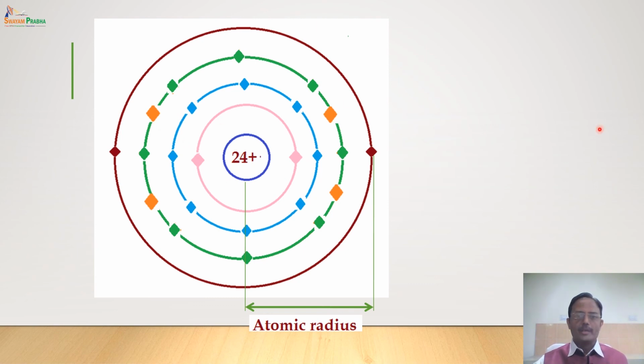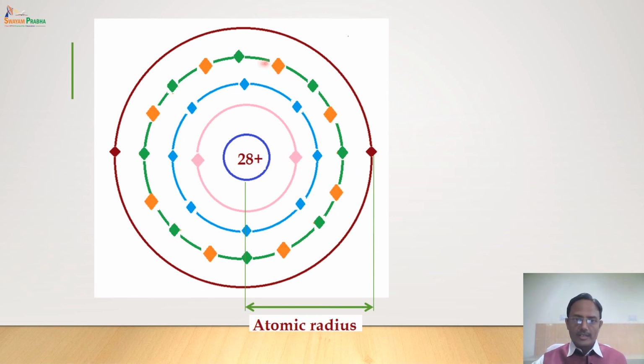Now from here, the electrons are continuously added to the third shell. The nuclear charge is increasing, but electrons are added to the third shell, which is the penultimate or second last shell, whereas atomic radius is the distance between the nucleus and a fourth shell electron.